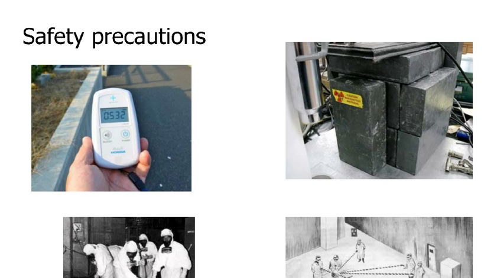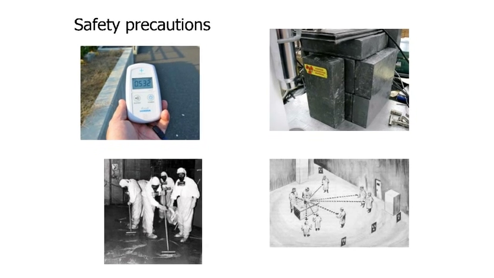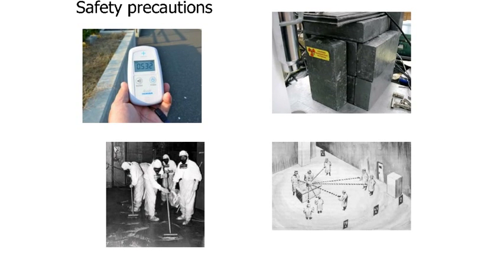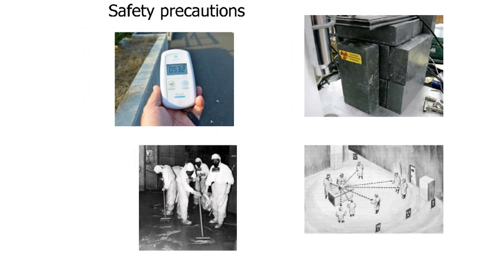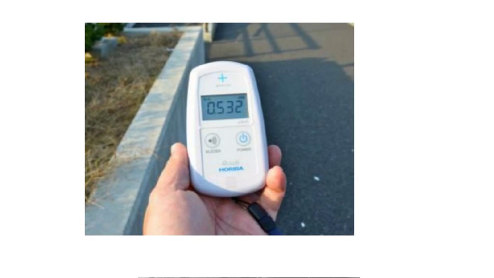All right, safety precautions. So if you happen to be a person who works in nuclear industry of some variety, then you'll need to take some precautions. And here are some reasonable things that can be used in order to protect yourself from nuclear radiation. So the first one that I have pictured here is a personal radiation counter. You carry this around on your person wherever you go if you work in a place that has nuclear radiation, and it will keep track of how much radiation you have been exposed to.